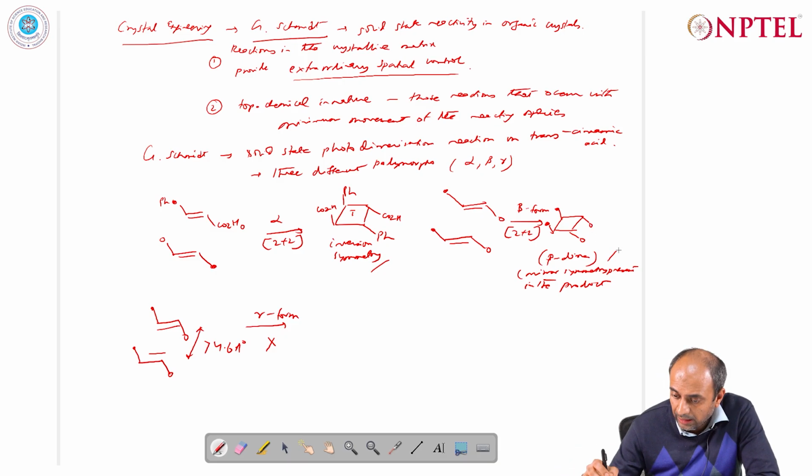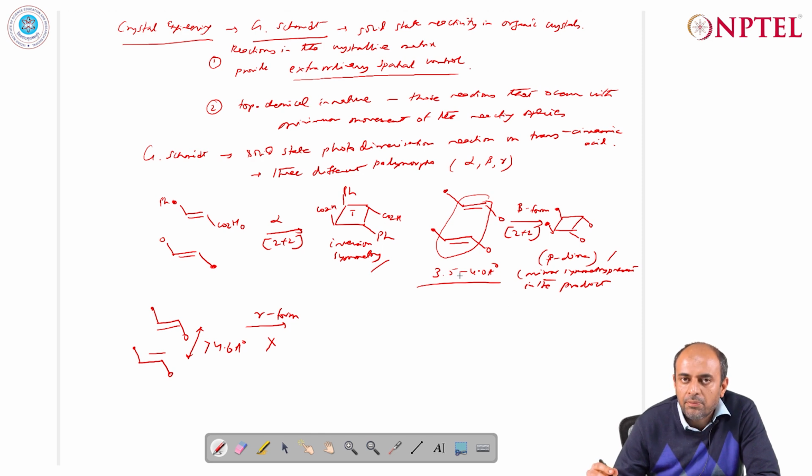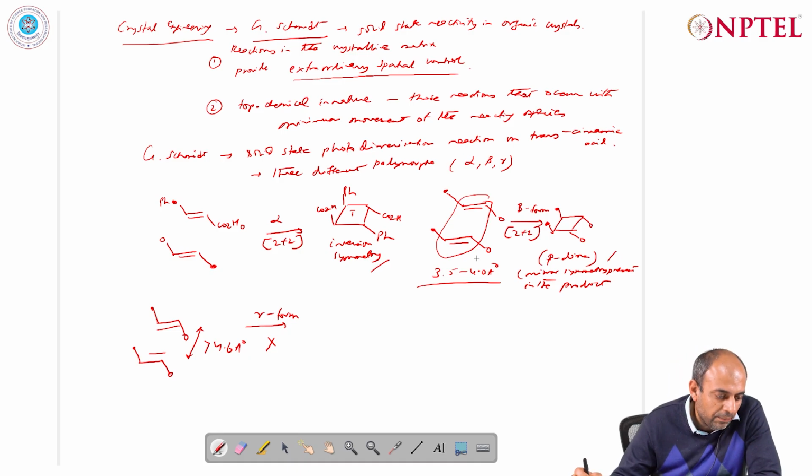And the prerequisite to have this solid state photodimerization reaction is that the reacting double bonds must be in the range of 3.5 to 4 angstrom, and this is within the sum of the van der Waals radii plus a bit more, but still they are positioned and pre-organized so that they can undergo the solid state dimerization to give the final product.